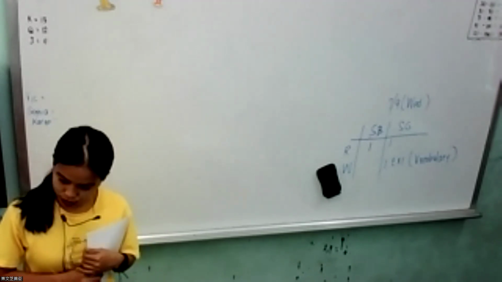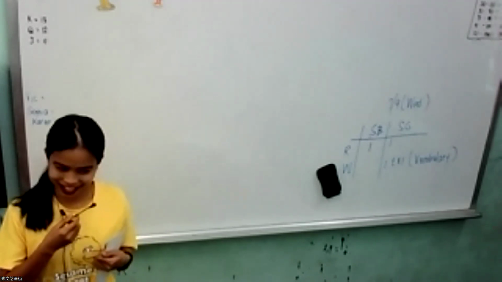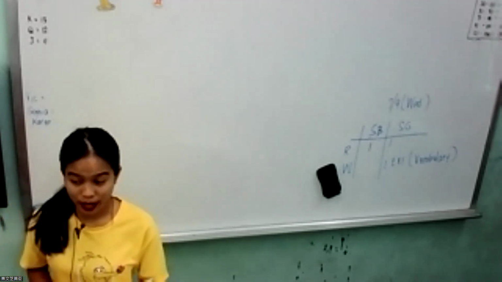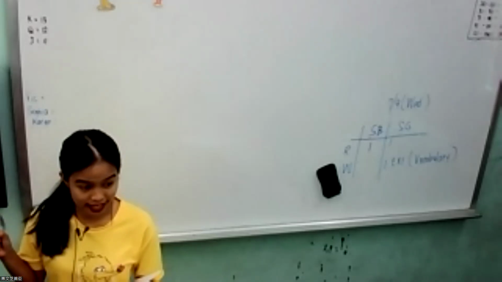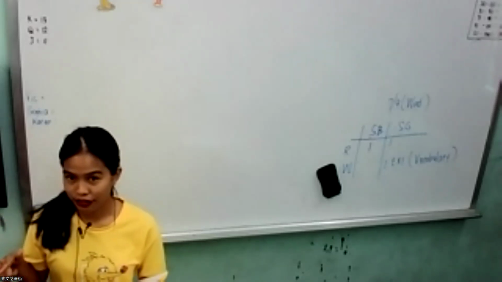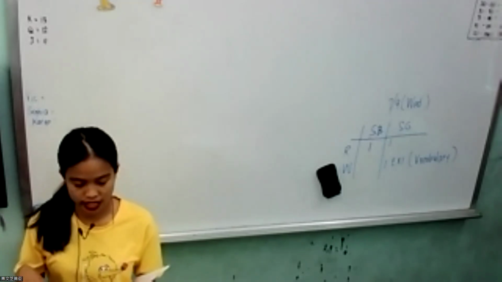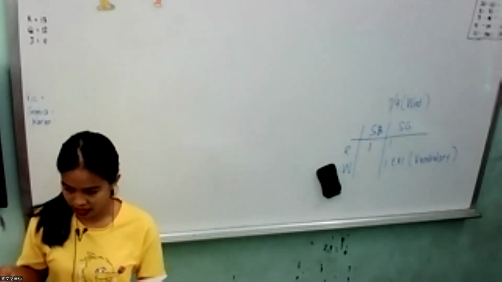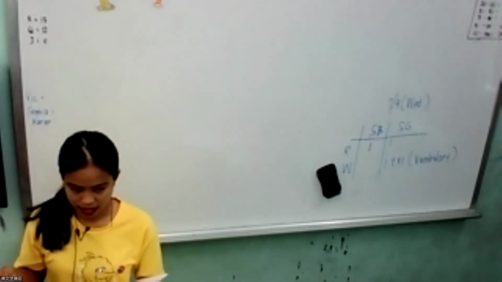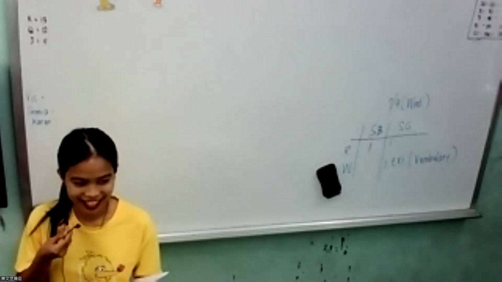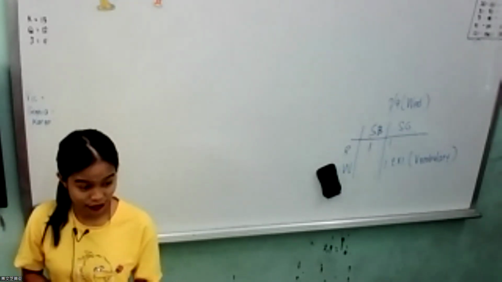Unless you want to do the test again. If it's your quiz, it should be 80 and above. If it's a monthly test, 70. If it's a final test, 60 is the passing. Are you sure? It's 60, right? In the final test, yeah.